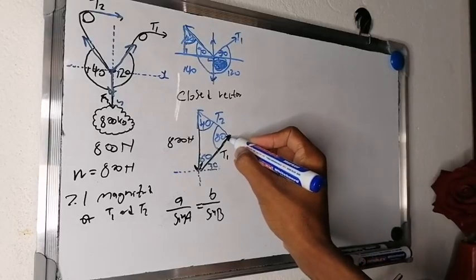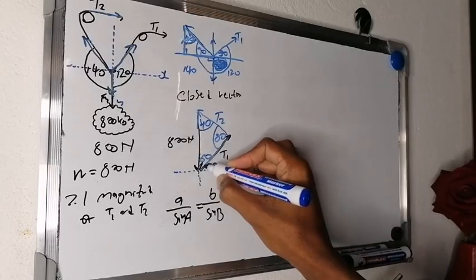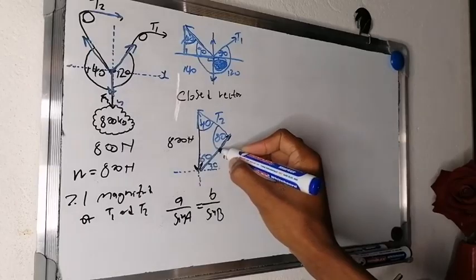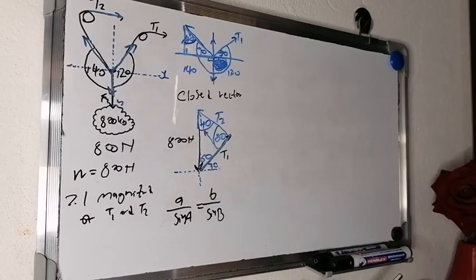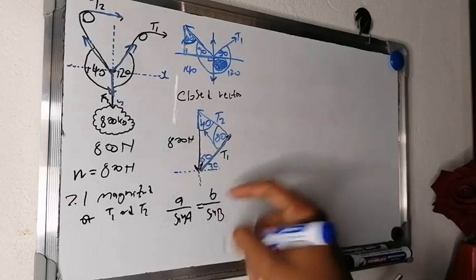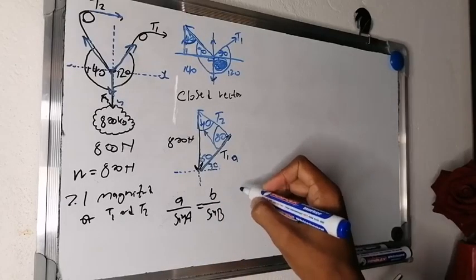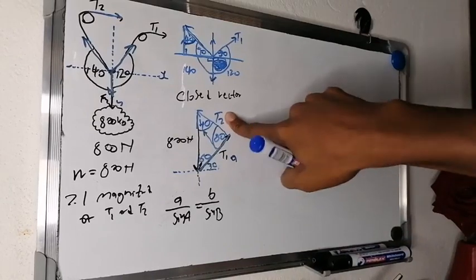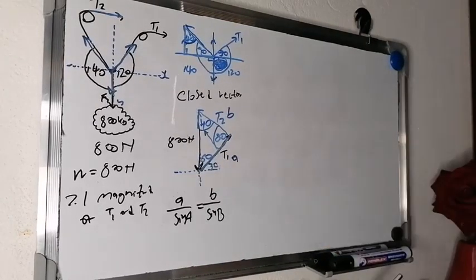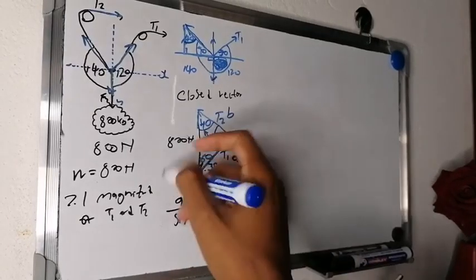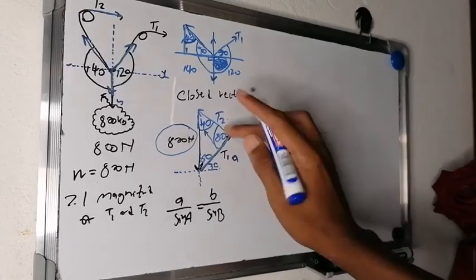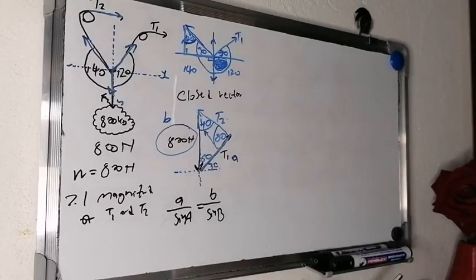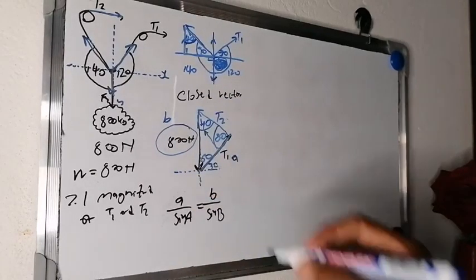Looking at tension 1, you are going to look at this angle, isn't it? So this is our A. You have nothing there, so you can't use B. You'll be lost. Use this side because you have a value, so make it a B.